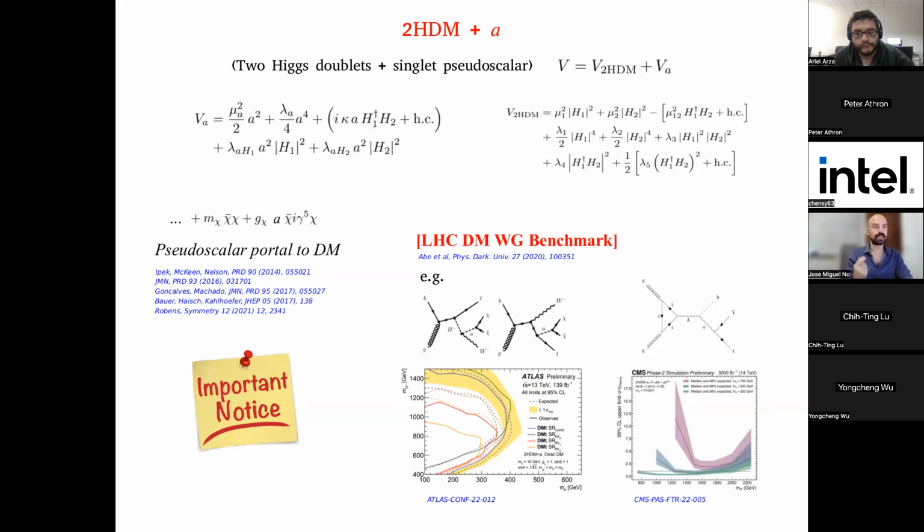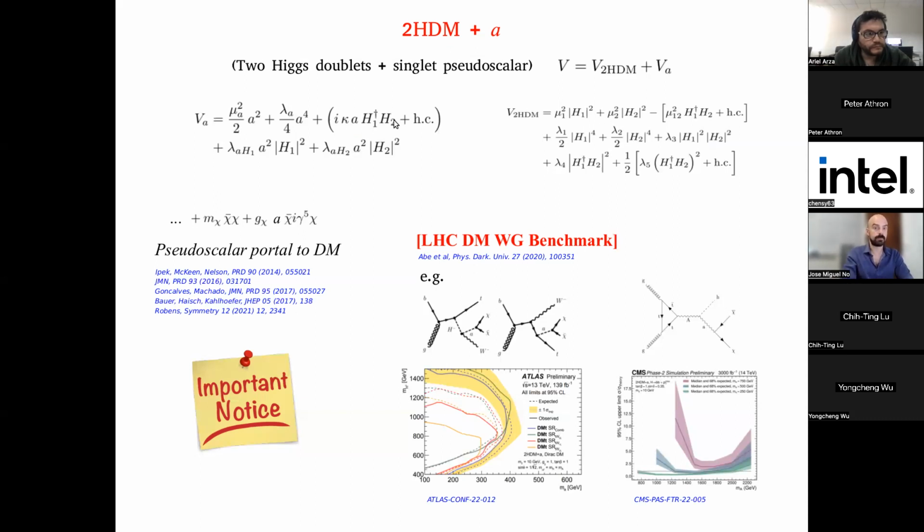The simplest way to make this model gauge invariant was to promote the Higgs plus pseudoscalar singlet to a two-Higgs doublet model plus pseudoscalar singlet. In that way, you have a gauge invariant theory where the pseudoscalar singlet is connected to dark matter, and it talks to the visible sector, to the fermions of the standard model, by mixing with a part of the doublet.